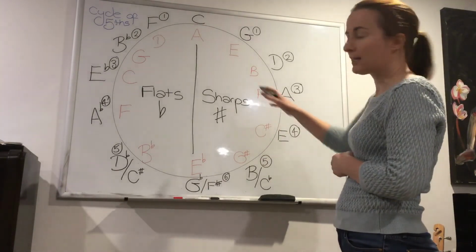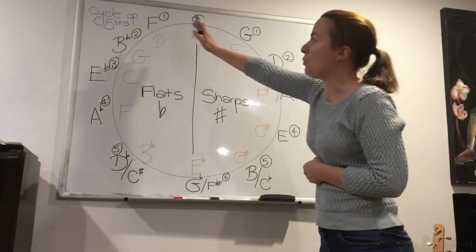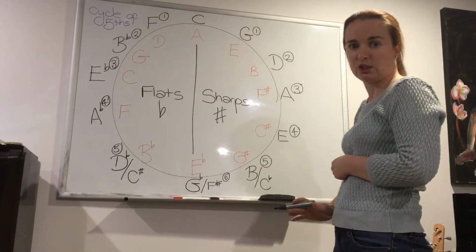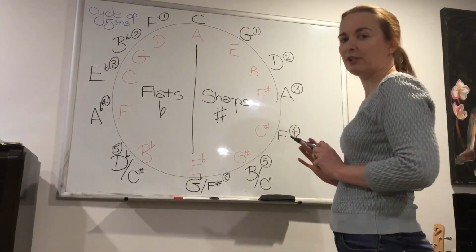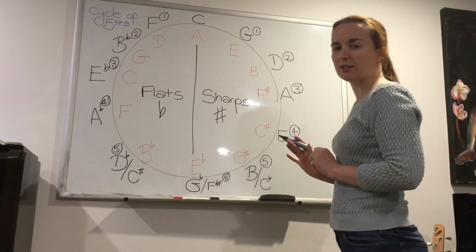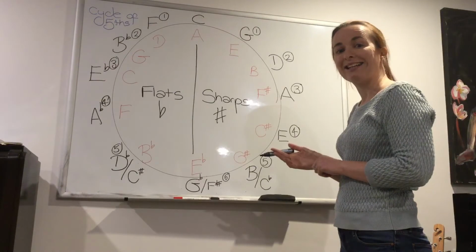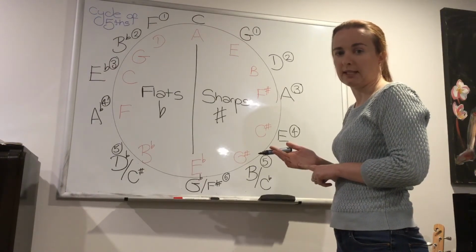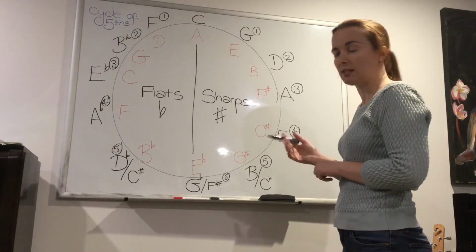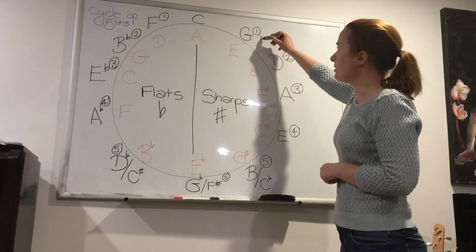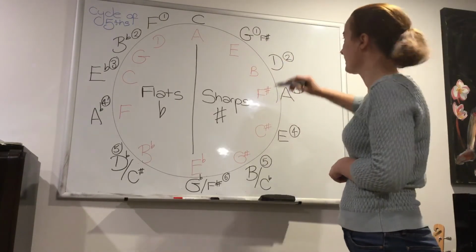Now you need to work out which sharps are in which key signature, which flats are in which key signature. I just made up a little saying for the sharps just to help my students remember which sharps are in which scales and the order of the sharps in the key signature. The sharps always have to be written in a specific order. So G major, we have F sharp, Father.